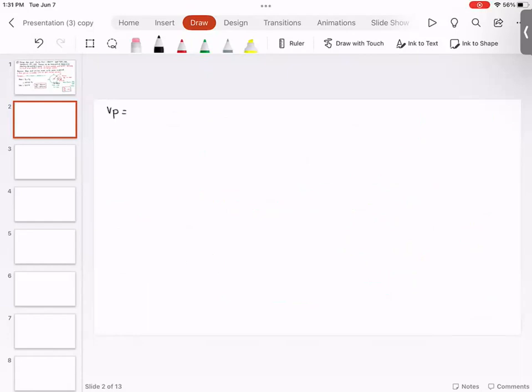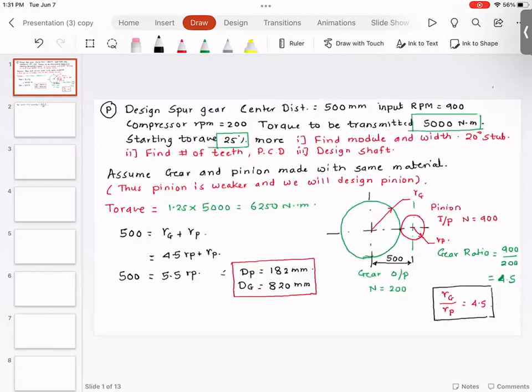Vp is equal to pitch line velocity. And pitch line velocity is pi D n divided by 60. Whether you consider the gear or the pinion, this is point P and this is Vp.